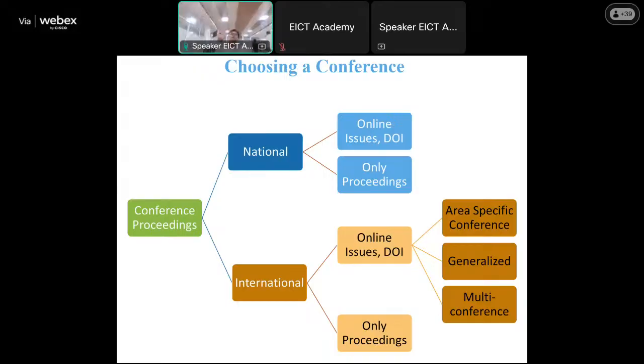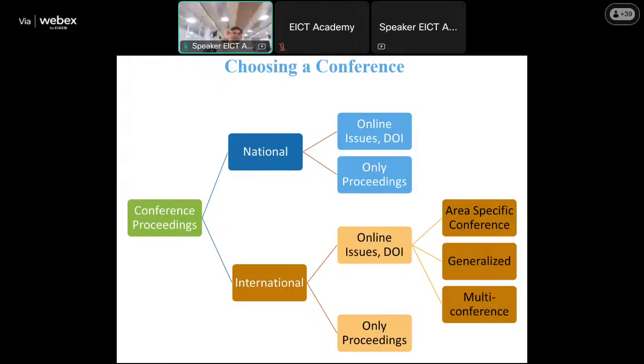In a particular conference, it is mentioned that a DOI will be provided to each article. That means the article will be published online, and every article will have a unique DOI. So your paper will be published online, and that online article has a specific DOI.